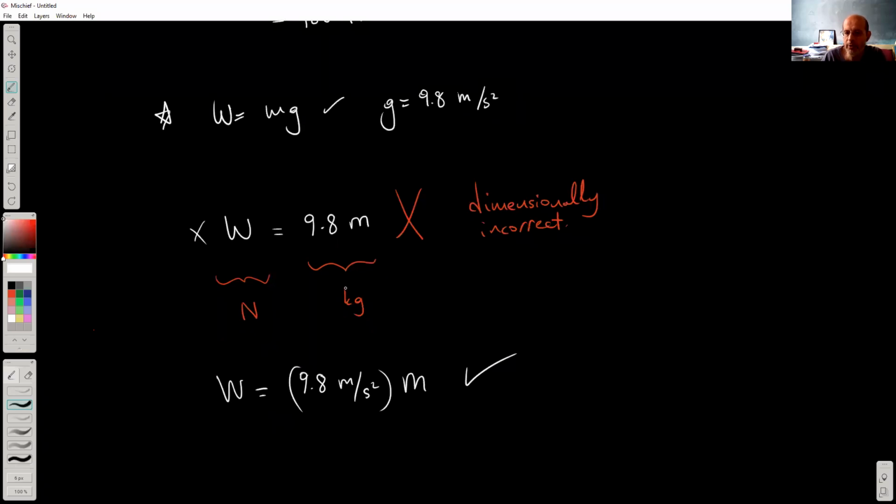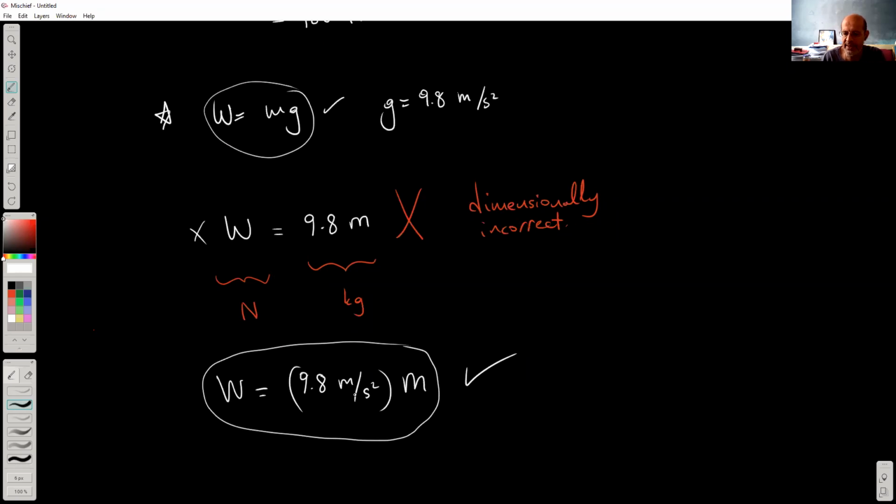You have to insert the units there. In that case, that would be a correct expression. So both of these, this one and that one, are correct.